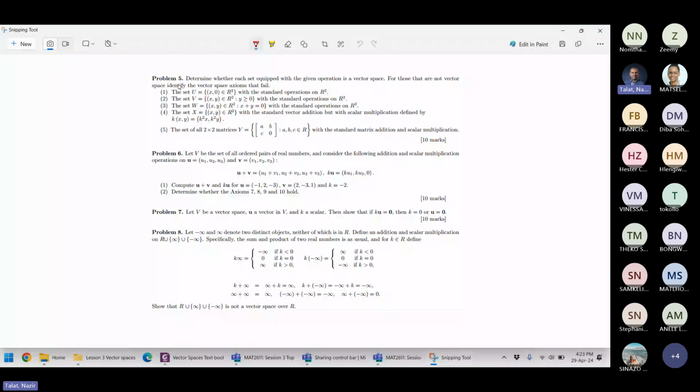Similarly, if we take V, a set of x, y in R square, where y is positive, we need to check whether this is a vector space or not. If some property doesn't hold, then we need to specify that. For instance, if you put 1 times u is equal to u, where u is an element of that set, x comma y, remember that y is always positive.